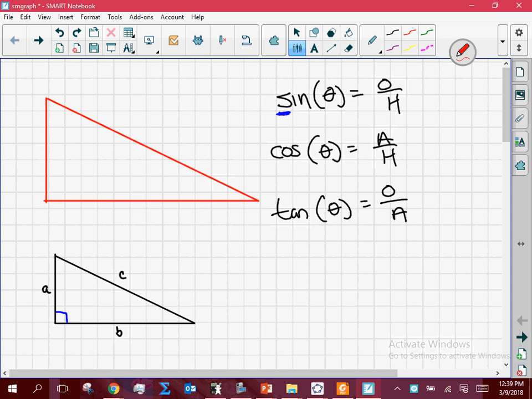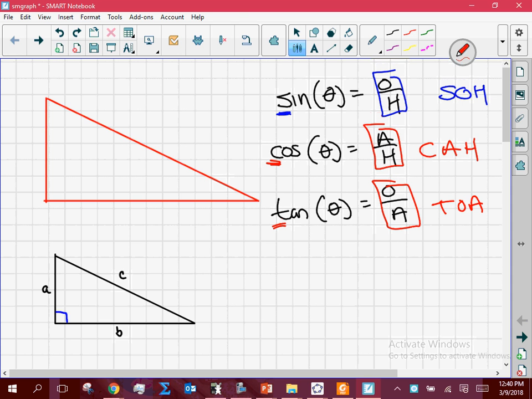If I take the first letter of each and then take that quotient, I get that acronym. And you guys have probably heard the phrase SOHCAHTOA before, right?